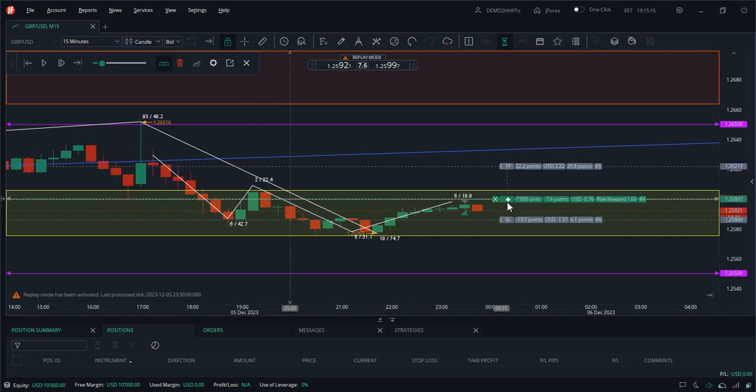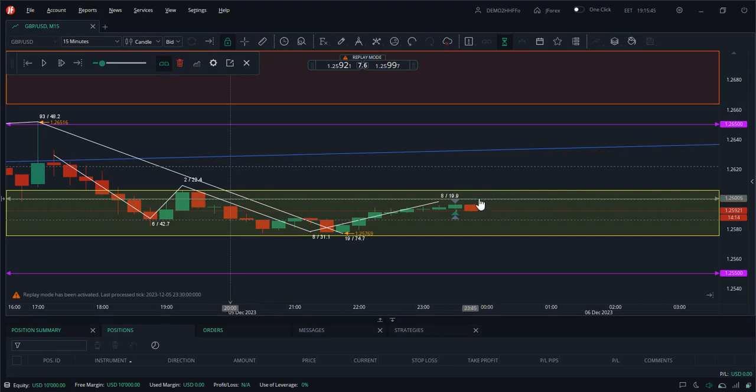Now this is our buy trade. This is supposed to buy from down here where the current price is, not from above this place.